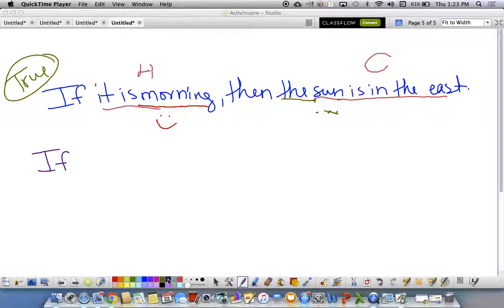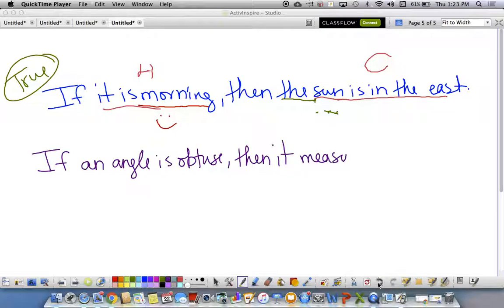What about: if an angle is obtuse, then it measures 120 degrees.